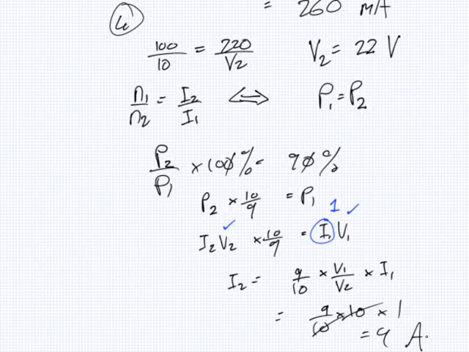Write that down. 10 over 9 and 9 over 10. 10 over 9, but it's going to the other side, so it's 9 over 10. Yeah, I rearranged this. 10 over 9 here, 9 over 10 on the other side. What have I done?